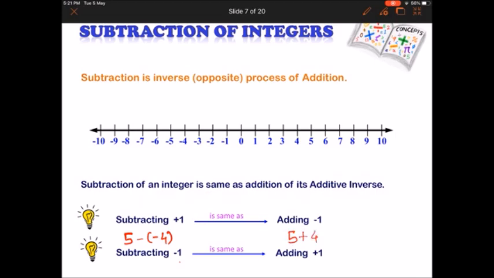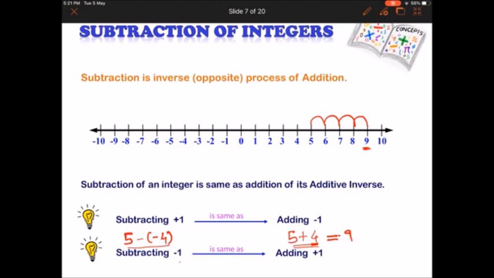Okay, now here we will first consider this condition. Okay, 5 plus 4. We know for positive numbers, again when we are adding positive number we move towards right on the number line, so it gives me answer as 1, 2, 3 and 4, 9. Correct, this is 9.